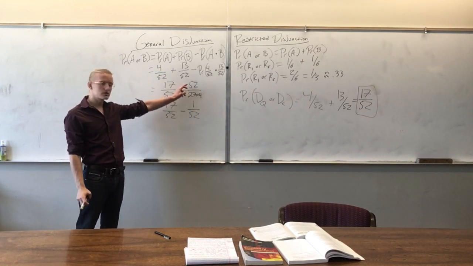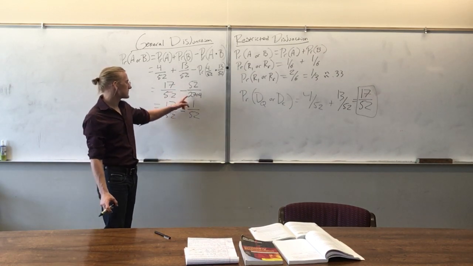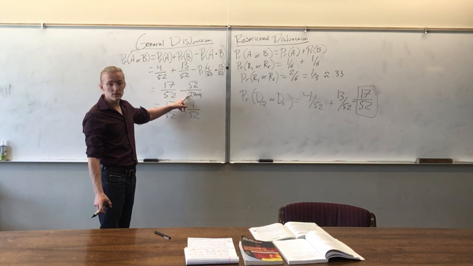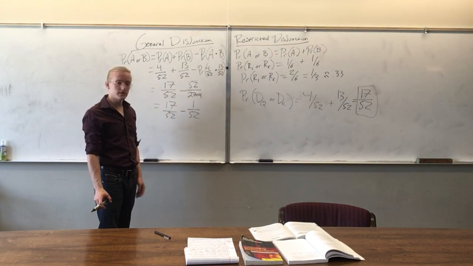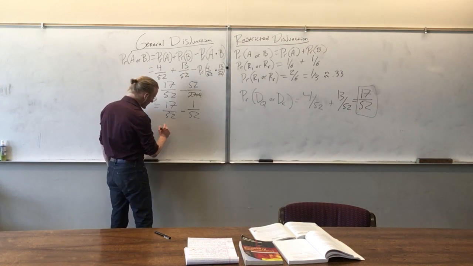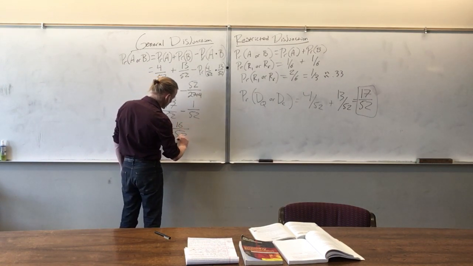So we divide each half by 52. Turns out that 2704 divided by 52 is 52, and 52 divided by 52 is 1. So we get 1 over 52. And our answer then is 16 over 52.